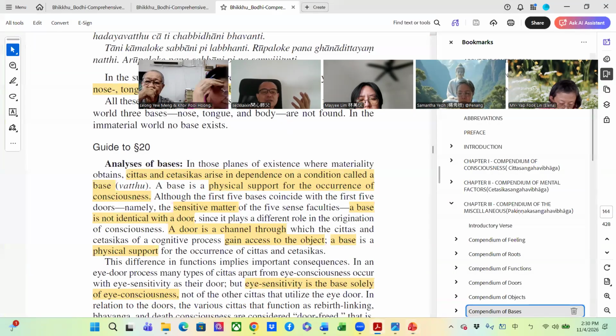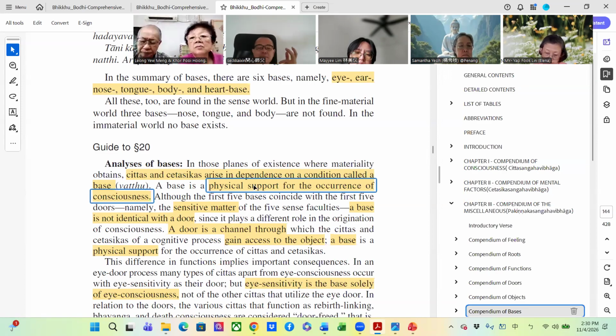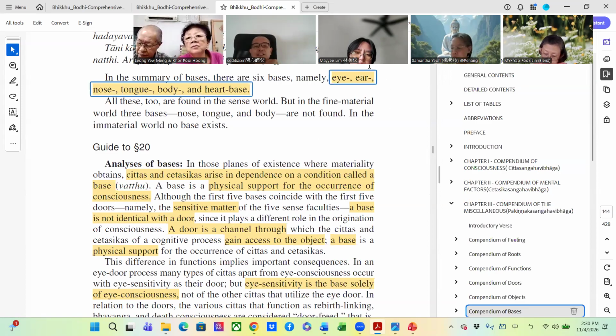This is the base. Cetasika arises depending on the condition called a base. It will need a physical support. So the nerve in the eye is considered also as a base. It's the same as a door. Yes, Mr. Leong, any question, please?